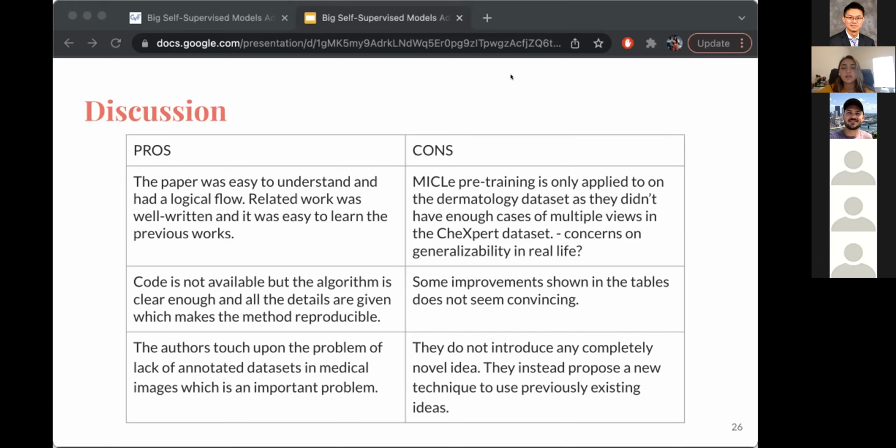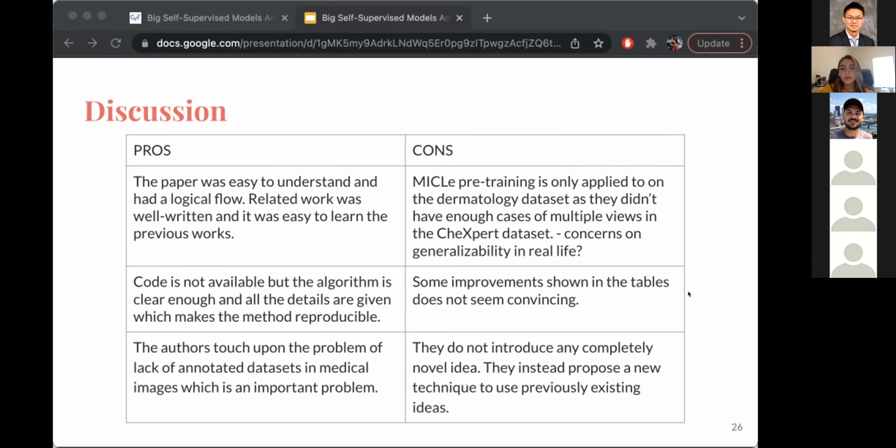So I was wondering, even though the data set they used in the paper doesn't have multiple views, whether in real life we can or can't find multiple views for the X-ray data set. They show generalizability by using two data sets, but I'm just not sure it's even possible to use it on the X-ray data sets, just the multi-instance part.